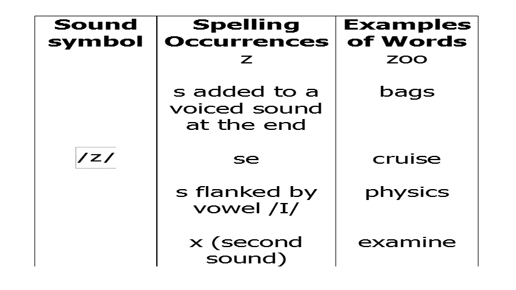It can be S again if the S is flanked by two vowel sounds. It can also be the second sound in X. So we have some examples: zoo, bags, cruise, physics, examine.